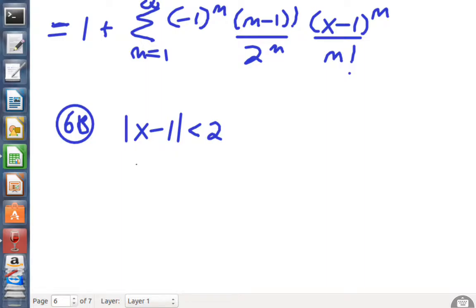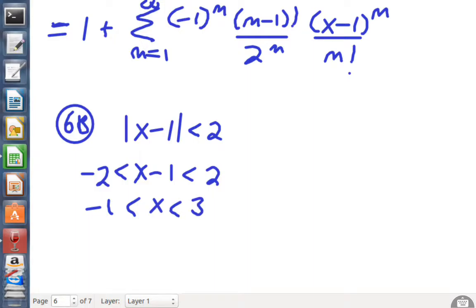So in other words, x minus 1 is between negative 2 and 2. To get x alone, we're going to add 1 to everything. So we get negative 1 is less than x is less than 3. So what we have to figure out is what happens at the endpoints, at x equals negative 1 and at x equals 3.